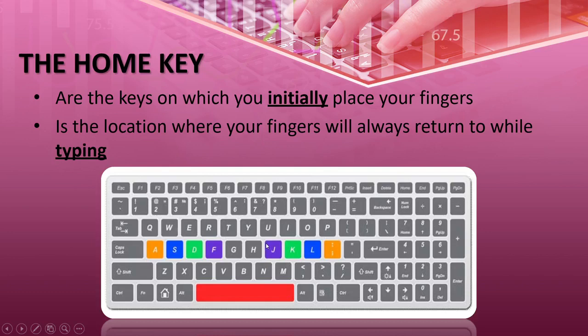We start from the home keys, go upside, then come back to the home keys, and when we need to go to the bottom keys, we move our fingers close to the nearby key which we are pressing. So the task is completed, then we again move back to the home keys.